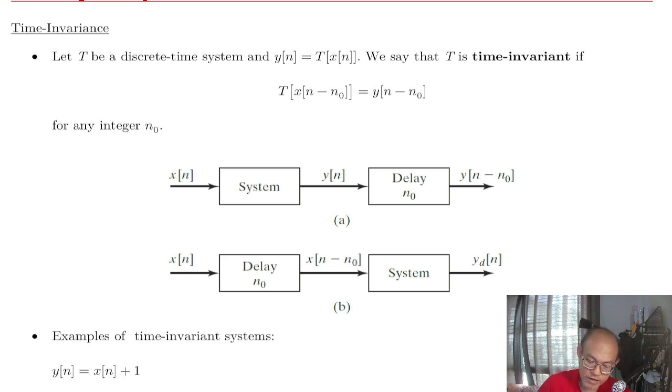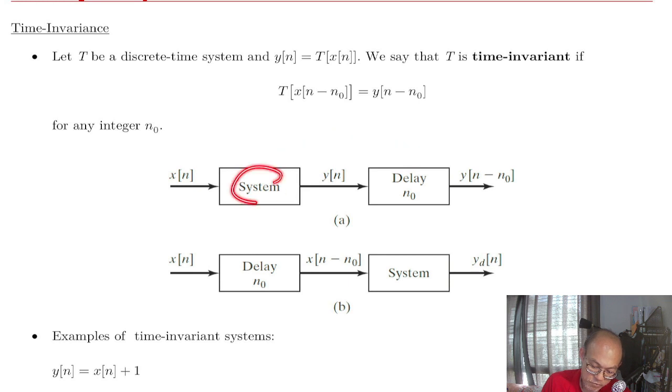To test whether a system is time invariant, you do this. First, you apply the input x to the system, and you get the output y, and then you delay the output y to get this one. Now keep that in mind. The second branch is you apply the same input, but now you switch these two around.